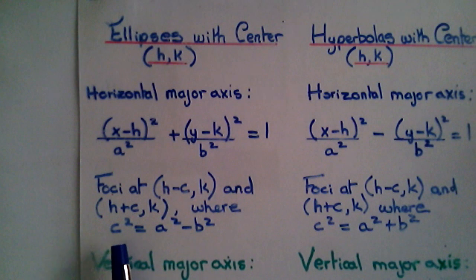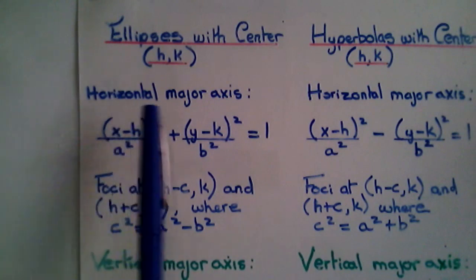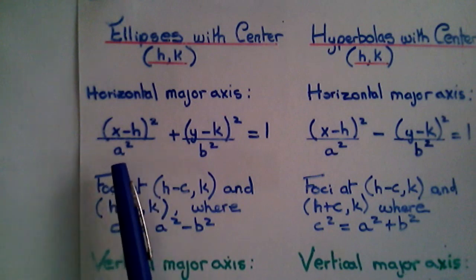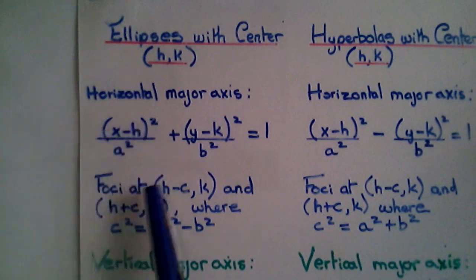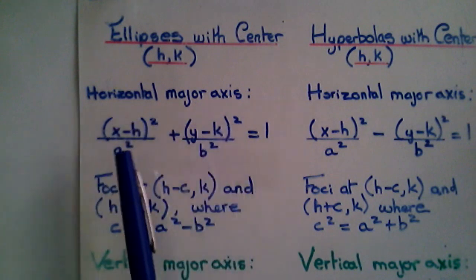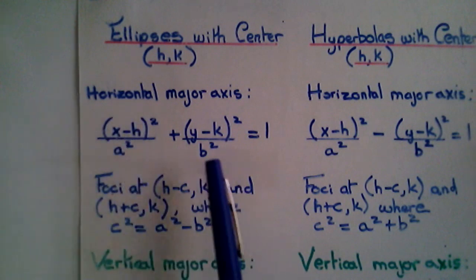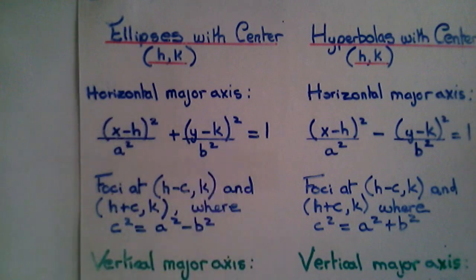So we know that's from the center. c is the distance from the center to the foci. So c squared is equal to a squared minus b squared is what we use if we've got to find a or b or c for that matter. So this is where we have the horizontal major axis. And we can see with ellipses, if it's horizontal, then a squared, which is the bigger number, is under the x, and b squared, the smaller number, is under the y.